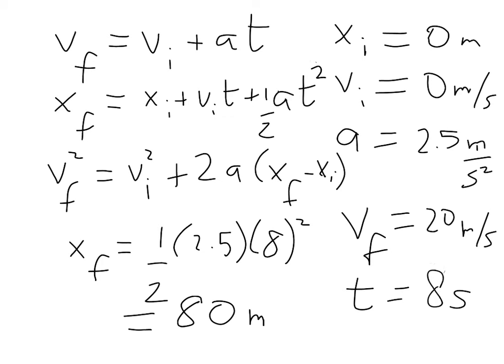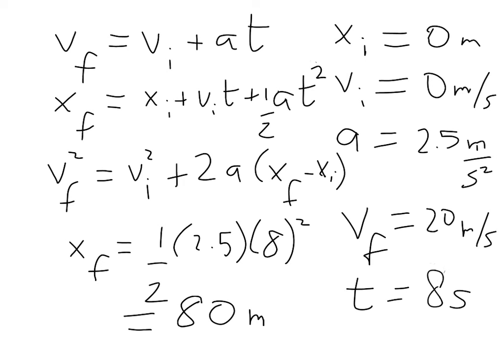This is the distance of the officer from the corner at the time he switches from speeding up to slowing down. At this point, how far is he from the car? Well, the position of the corner is 0 meters. The position of the officer is 80 meters. What we need to find is, at t equals 8 seconds, what is the position of the car?